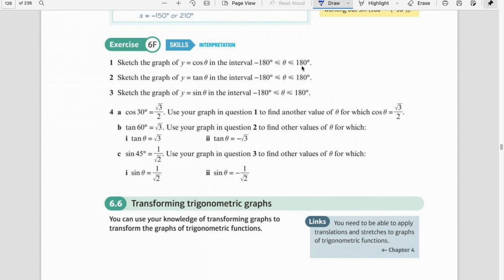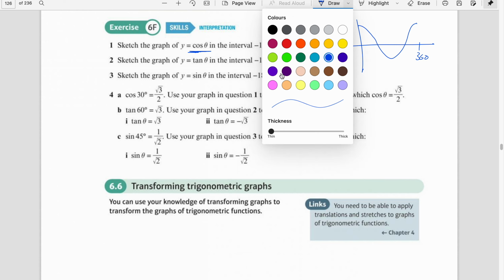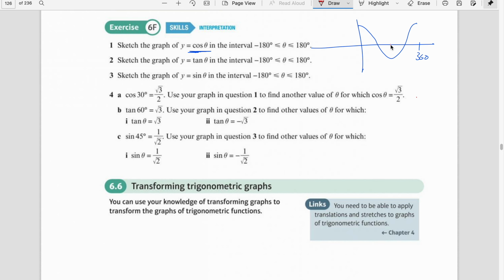And let's try this question. It says sketch the graph of cos theta for the interval minus 180 to 180. We already know that this curve which ends at 360 is a cos curve, but the examiner wants to see it till 180. So we will not draw this section, and till minus 180 we knew that it would be like this, but we'll not draw this section.